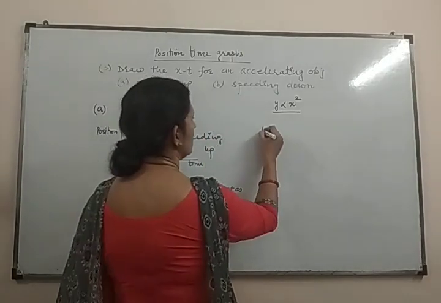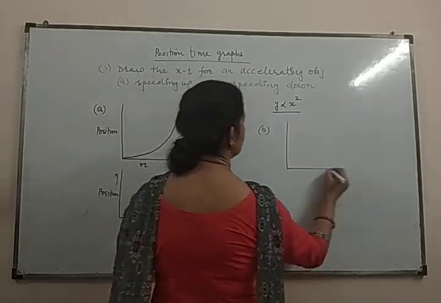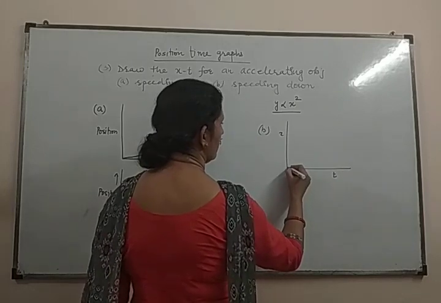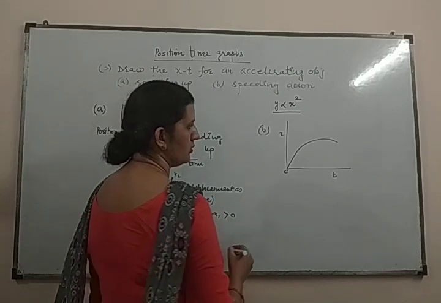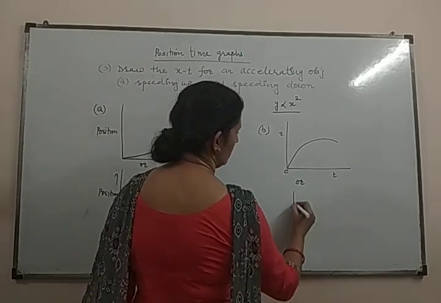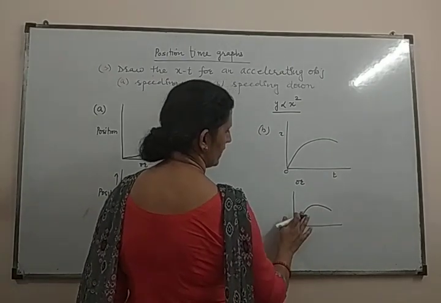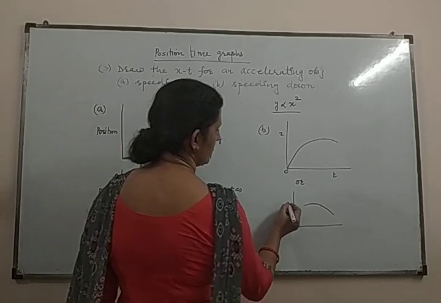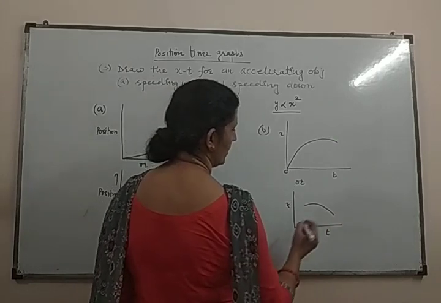Similarly, for the speeding down case, plot the graph. This is x and t. The graph will be like this, starting from 0, or you can have this kind of graph. This kind of graph you may have. So this is x versus t.